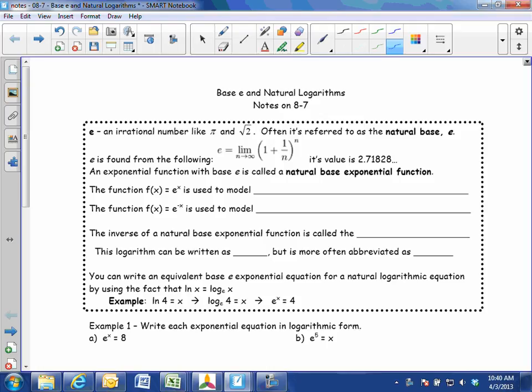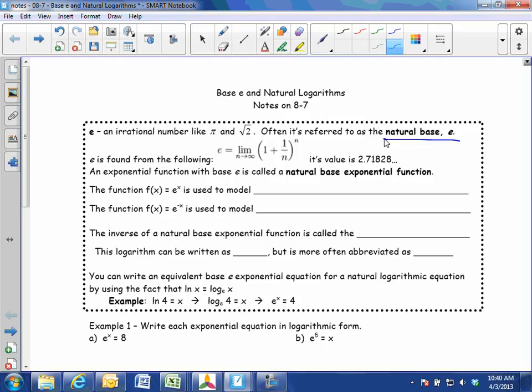It's often referred to as the natural base, e, and it's found by using this weird looking formula. Basically what this is saying is the limit as n goes to infinity. So n is going to go on forever, and it's about 2.7.